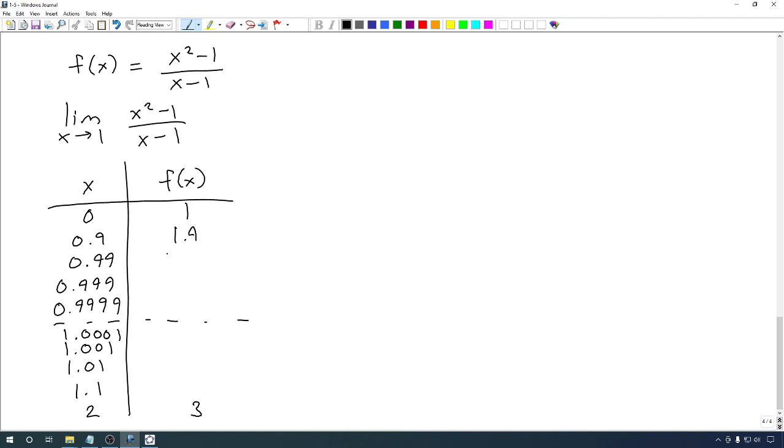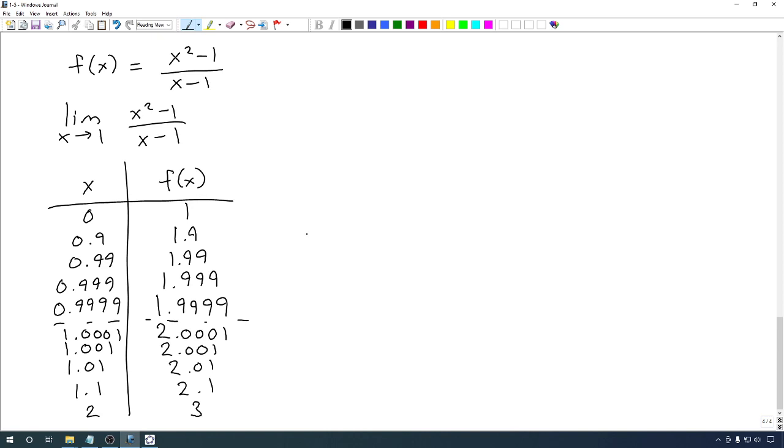For 0.99, I get 1.99, then 1.999, and then 1.9999. On the other side, 1.1 became a 2.1, 1.01 became a 2.01, then 2.001, and 2.0001.